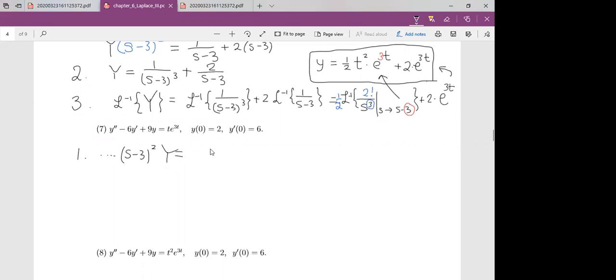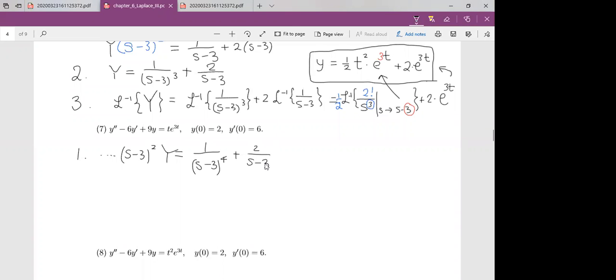And your right-hand side will be slightly different. So your right-hand side is going to be 1 over s minus 3 to the 4th plus 2 over s minus 3.